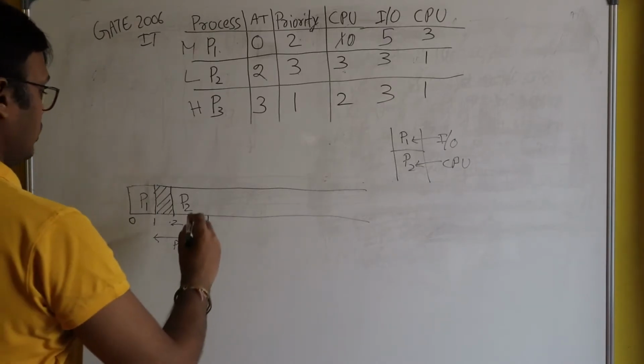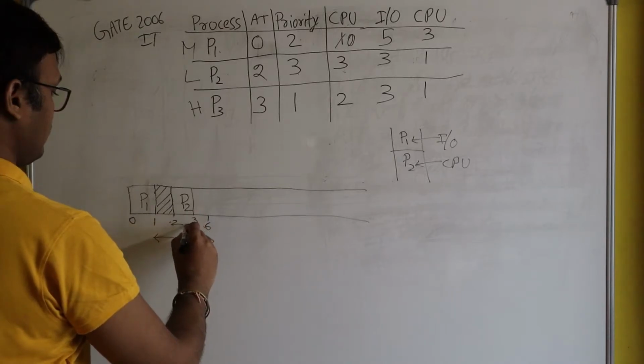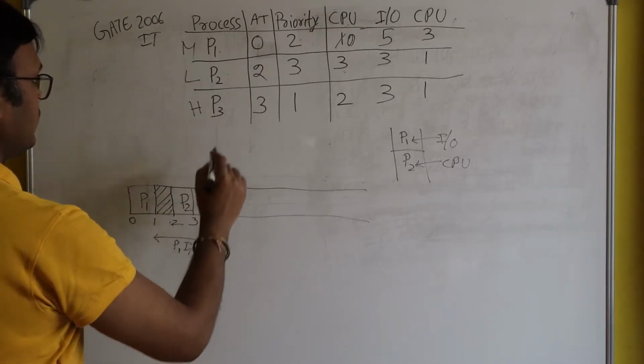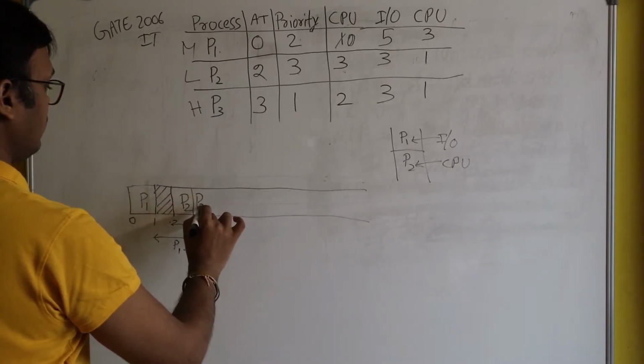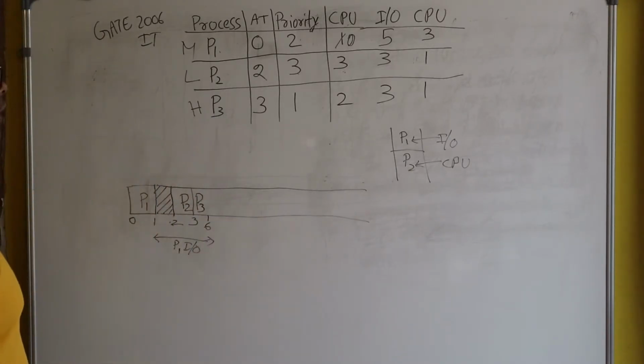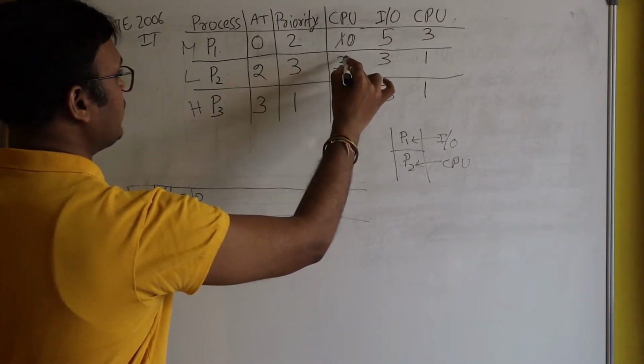Fine. So here, during the third second, CPU is given to process P3. Okay, and since process P2 has executed for 1 second, its CPU time left is 2 seconds.